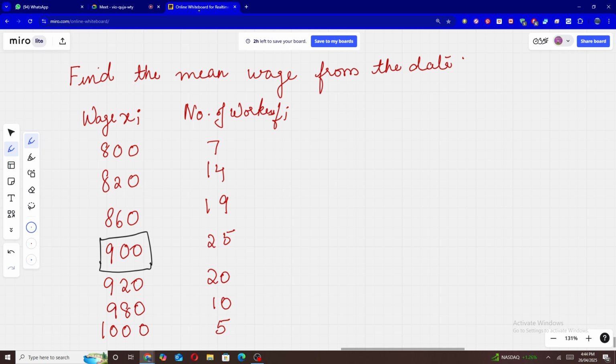What am I finding? Okay, we're doing the shortcut method. Like 800 with 7. Speed up, speed up.